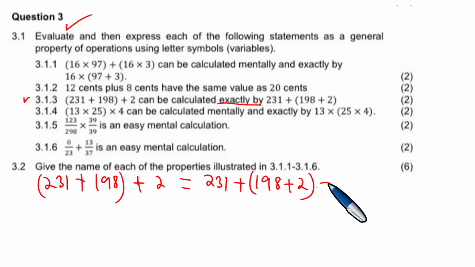Yes. Okay, let us get the answer to this. We have 231 plus 198 plus 2. 198 plus 2 is exactly 200. Now 231 plus 200 would give us what? It will be 431.